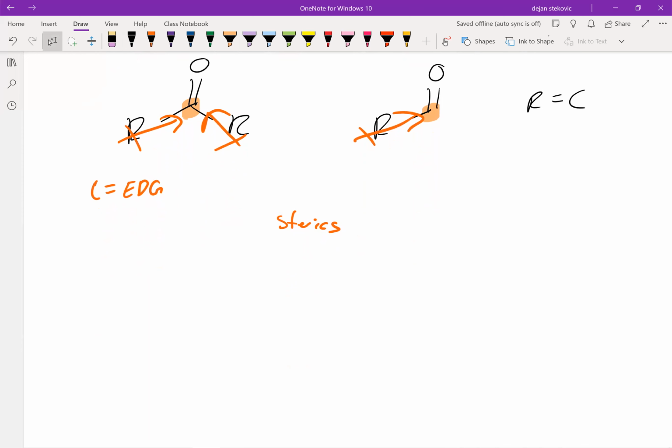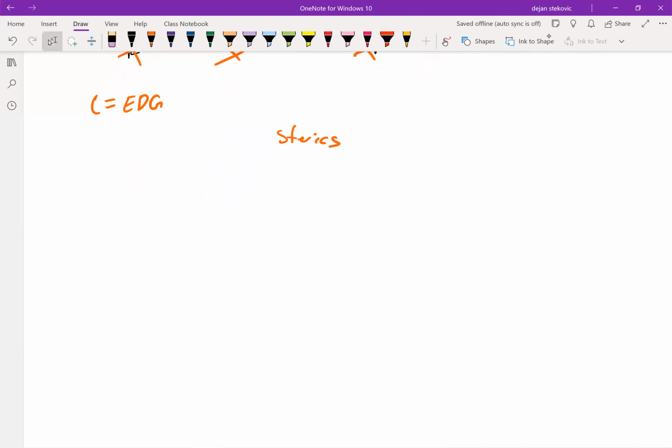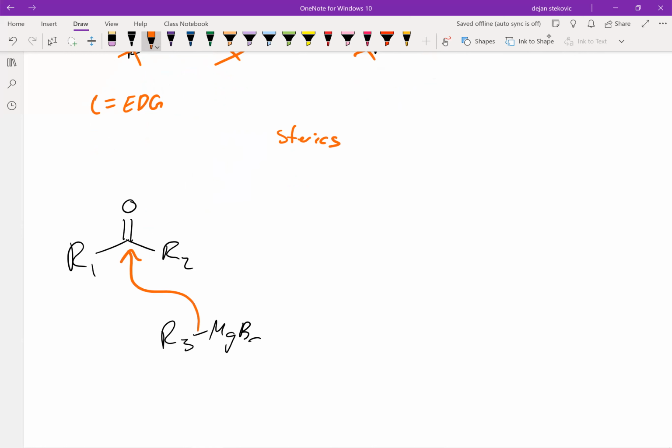And we've already seen a bunch of examples of carbonyls reacting, but let's just go ahead and review one of them with our Grignard reagent. And remember, this is a really powerful reaction because it's a carbon-carbon bond formation, which is very useful in organic chemistry. So what we have here is our Grignard attack up here.